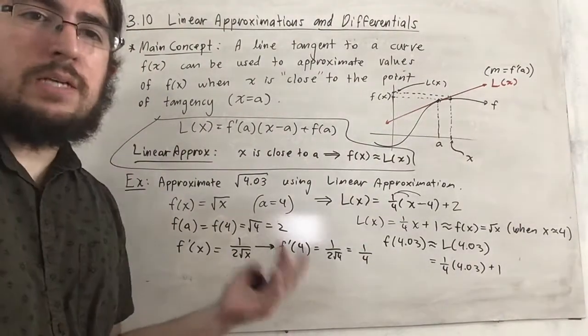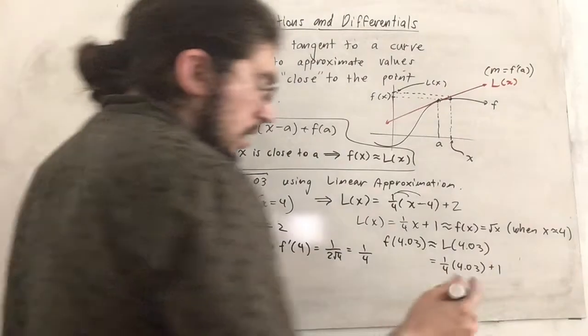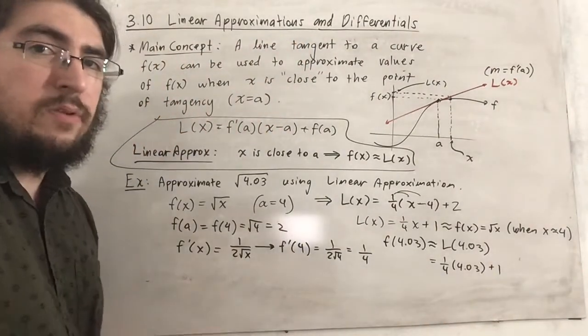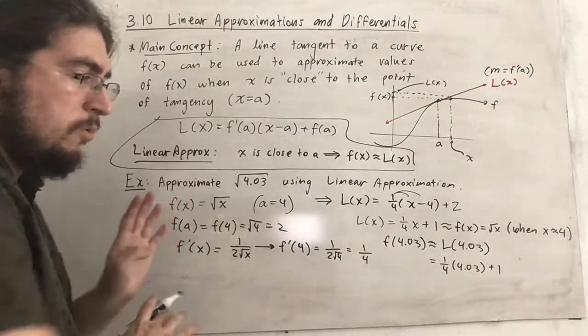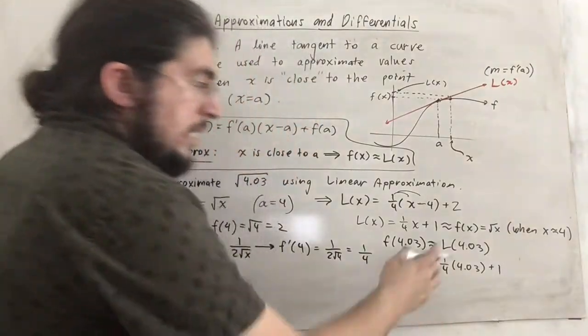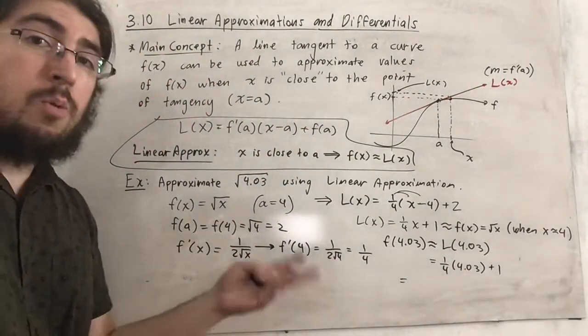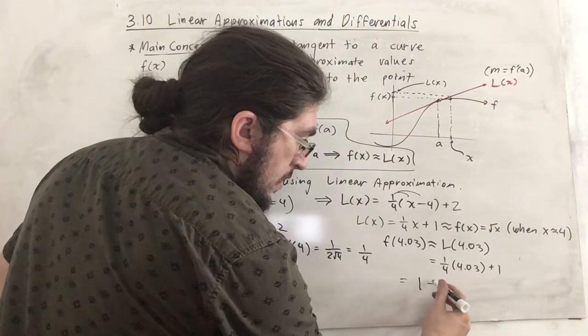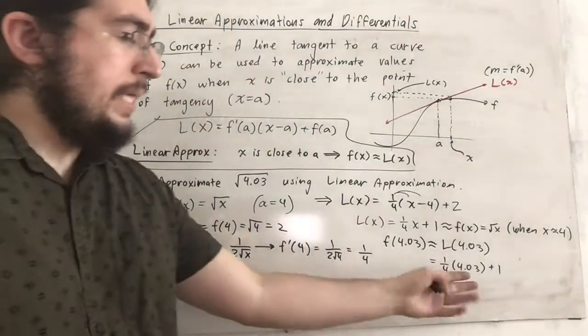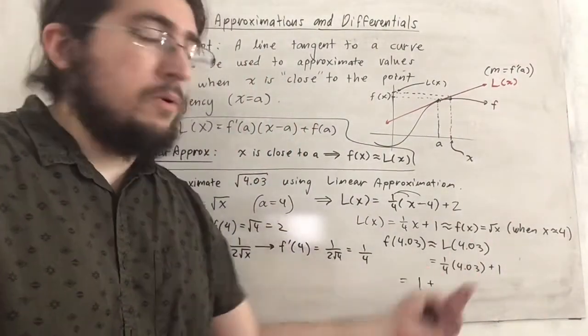A part of me really wants to do this by hand, so I'll allow you to verify a few things, but I'm going to try to just run through it pretty quickly here. So I want to take 1/4 of 4.03. I know 1/4 of 4 is 1, plus, I'm basically splitting up 4.03 as 4 plus 0.03.